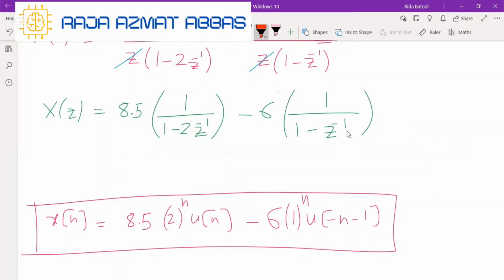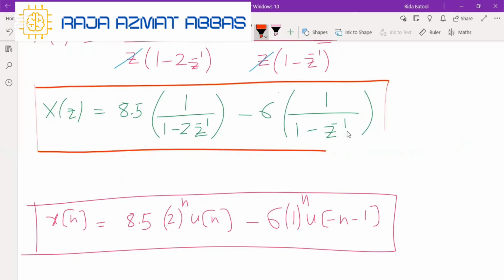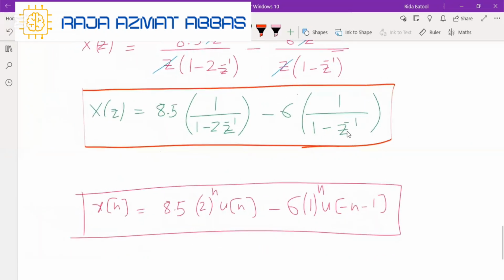This was the final expression. Now you have to write all possible signals. So this is the first possible signal, and we have assumed it as both-sided.